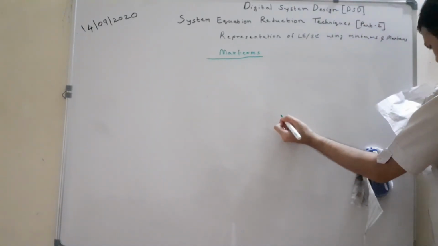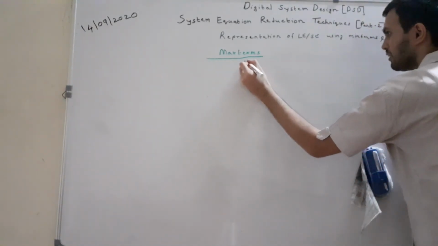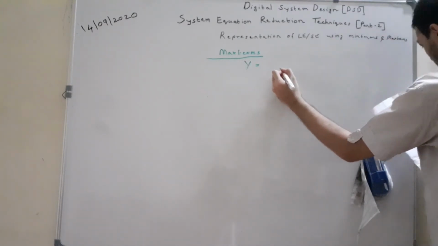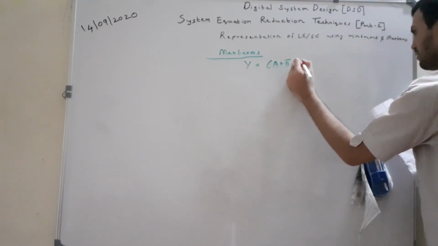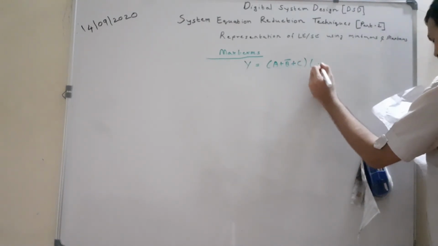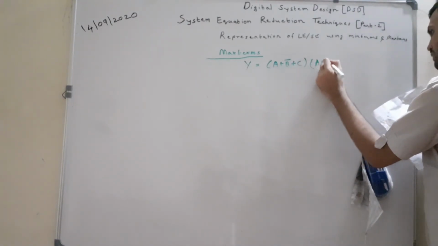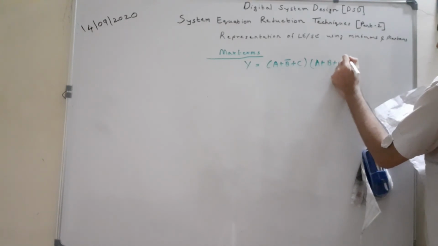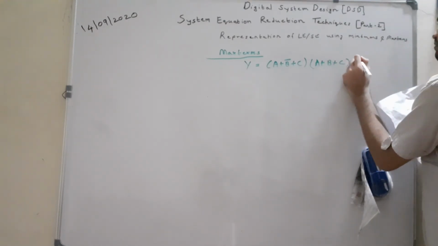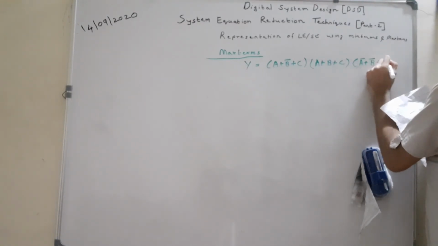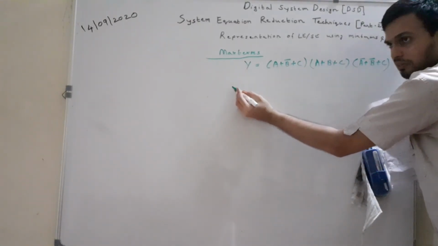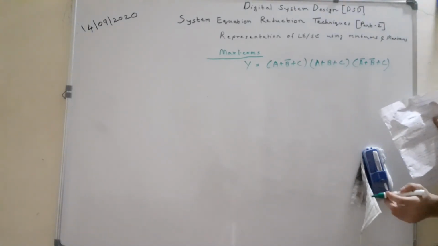Now for max terms. We have a logic expression in product of sum form, which is (A + B complement + C)(A + B + C)(A complement + B complement + C). You can see the given expression is in standard POS form.